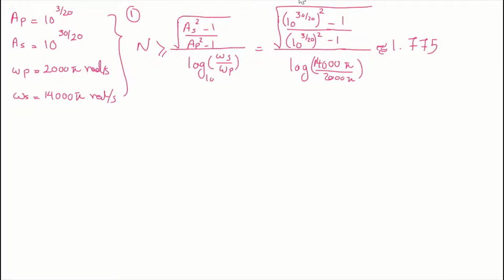Well, n should be larger than this value. n is the order of the filter, it is an integer, so we conclude that n should be at least 2. That's the order of this filter.